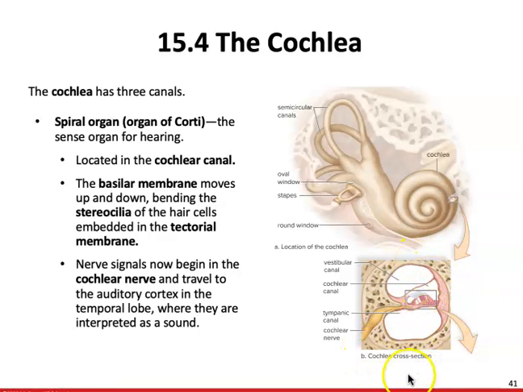So the changes in the pressure cause this membrane to move up and down, which causes these hairs to bend, which sends that nerve impulse along the cochlear nerve, where it's then transmitted into a message in the brain.